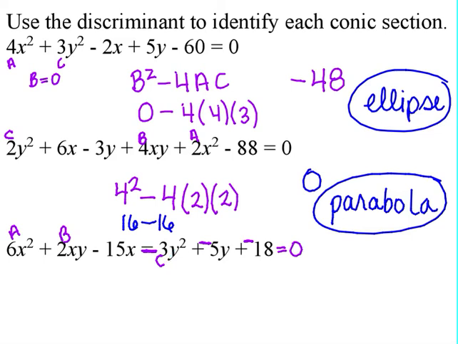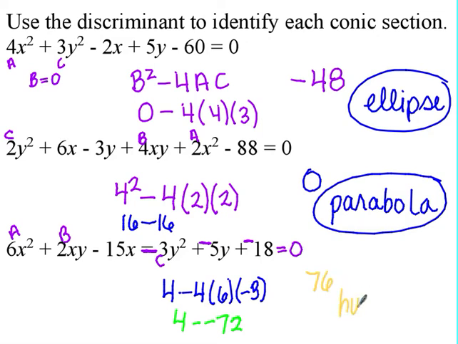And so B squared, what's that going to be? 4. 4 minus 4 times 6 times -3. So I end up getting 4 minus -72. What is that going to be? 76. So that makes this a hyperbola.